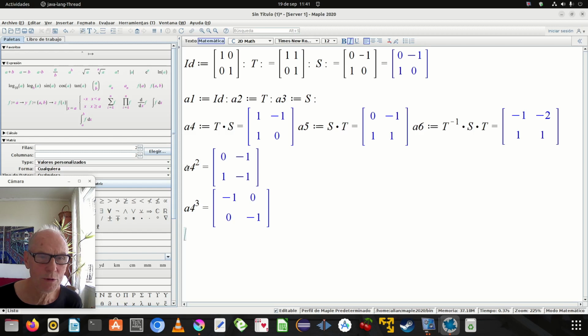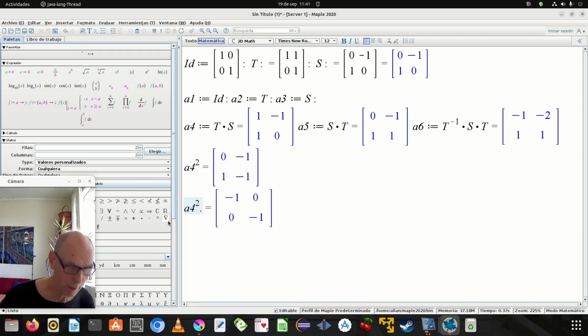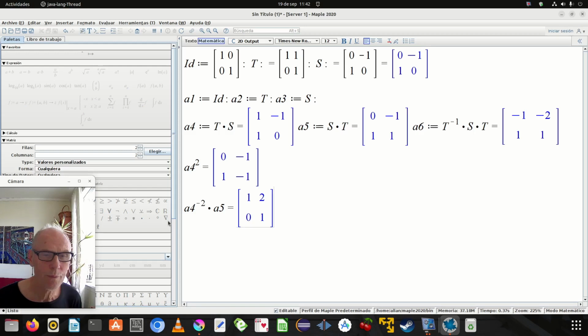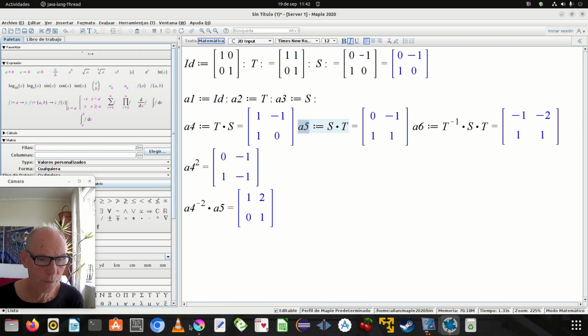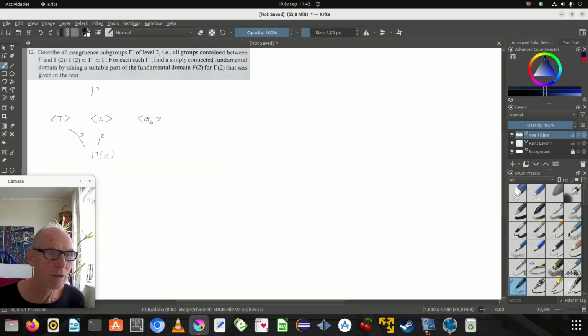Oh, this is almost A5, isn't it? That lies in gamma 2. So that means A5 lies in the group generated by A4.